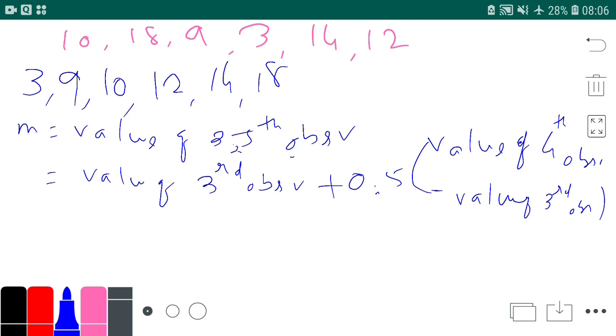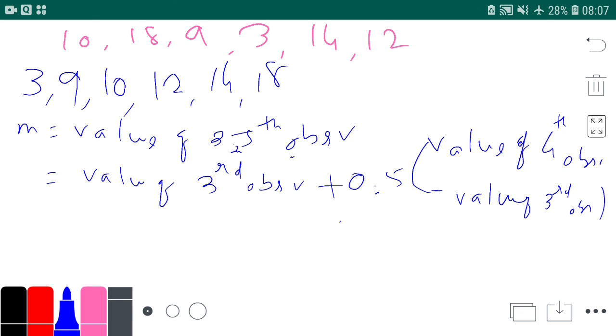So you have to make the equation like this. If you think the equation is difficult, let's pay attention once again. The sentence is the value of the 3.5th observation. If you get this kind of point 3.5th, make 3 separate. So median is the value of the third observation plus 0.5. In 0.5, we will multiply the value of the fourth observation minus the value of the third observation.